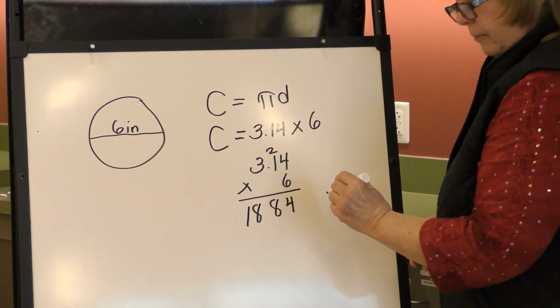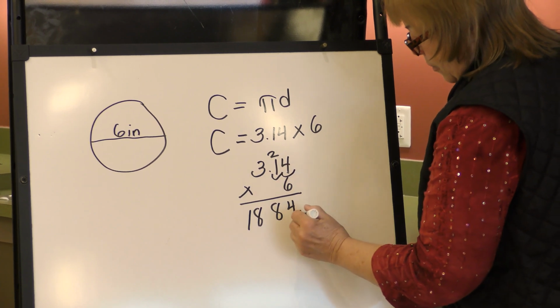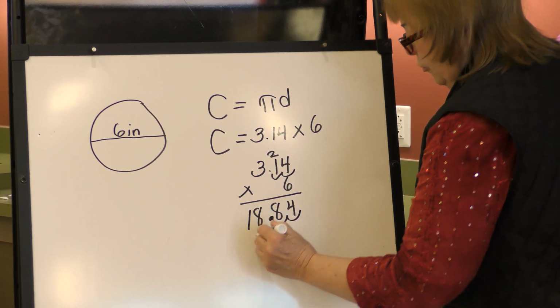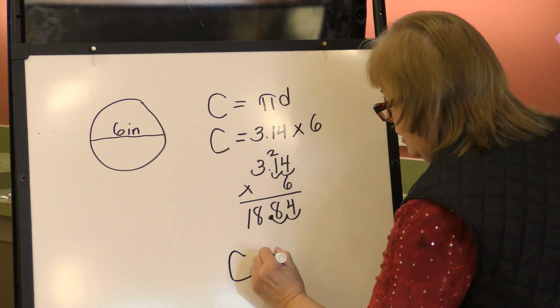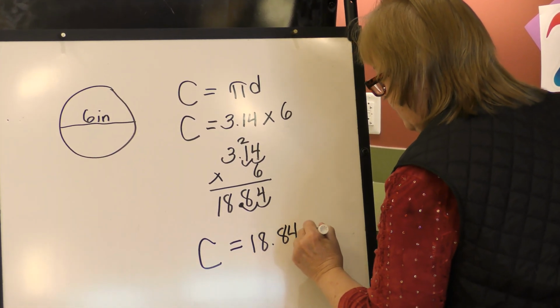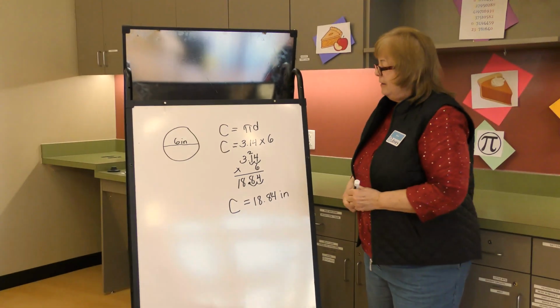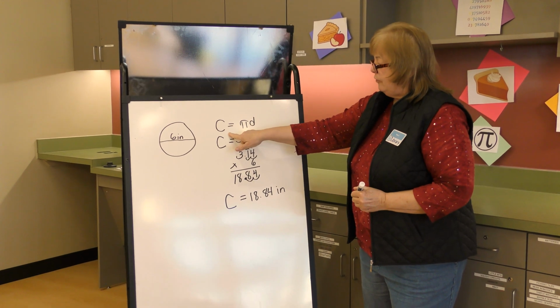Now where do we put the decimal? Well, 2 decimal spots. We have 1, 2. So our circumference equals 18.84 inches. You have just solved for the circumference using pi.